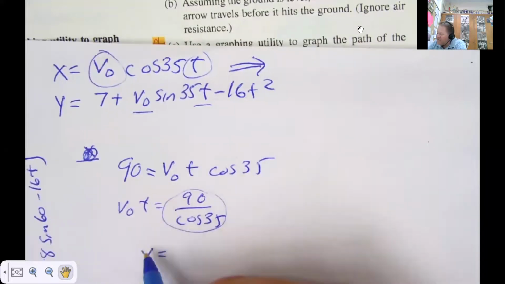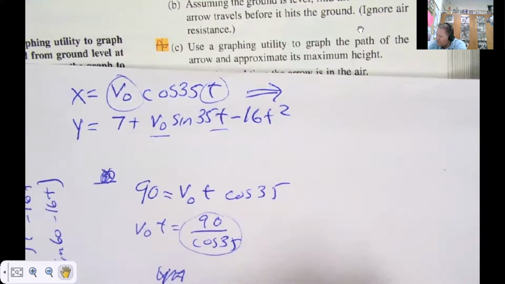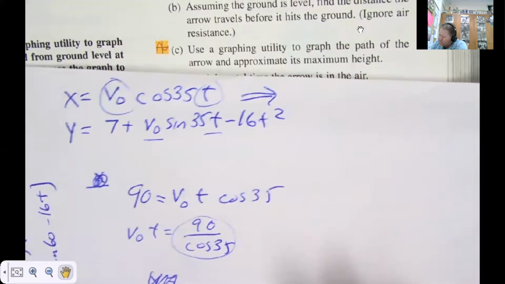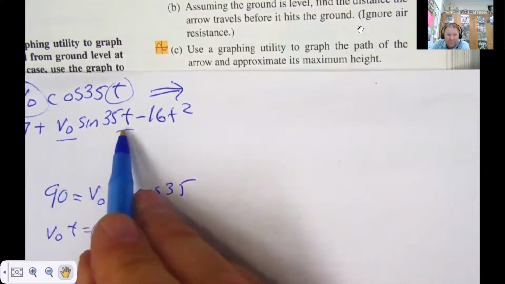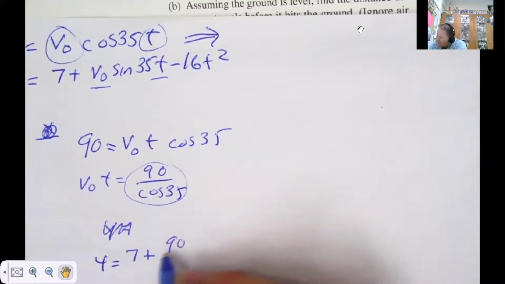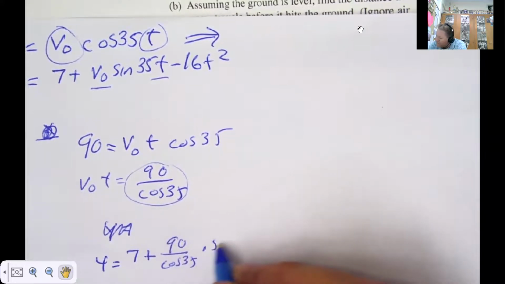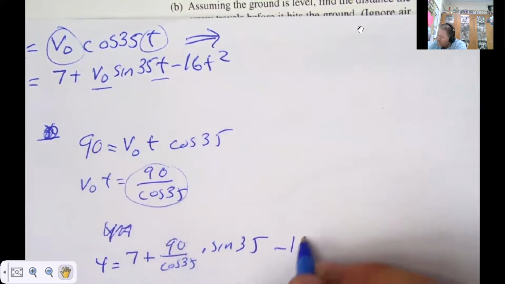So I'm going to substitute here for y: 4 feet high is equal to 7 plus the initial velocity, well, that's actually v sub 0 t, which we said was 90 divided by the cosine of 35, times the sine of 35, minus 16t squared.